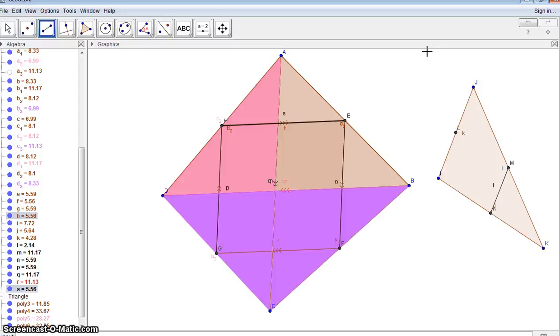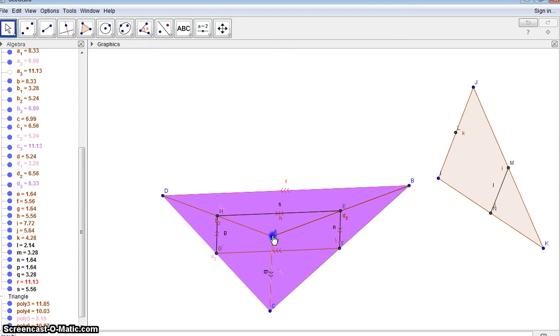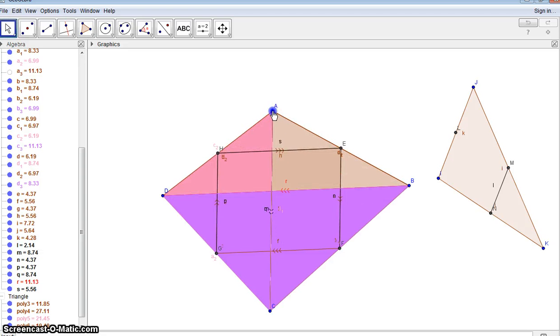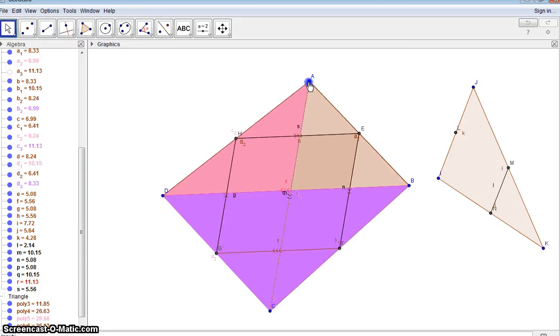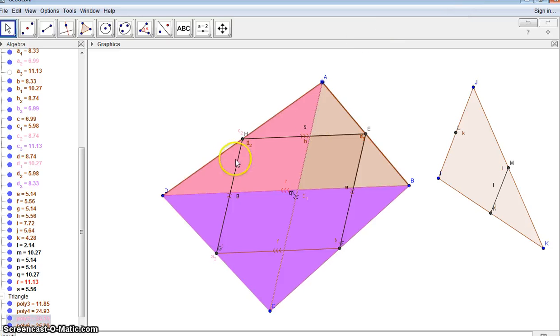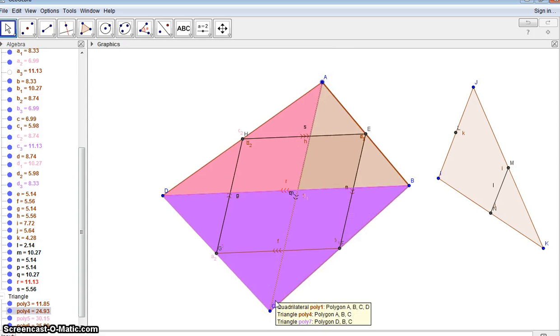But what I have shown is that no matter how I change the original quadrilateral, because of the way the midpoints of the quadrilateral sides are connected and their relationship to the triangle created with the base along the diagonal, the interior quadrilateral must be a parallelogram.